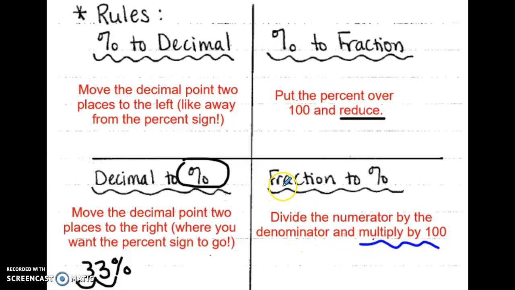And the last rule we have is fractions to percents. You're going to divide the numerator by the denominator and multiply by 100. So here I would put in my calculator 1 divided by 4, and I'd get 0.25. When I multiply that by 100, I get 25%.